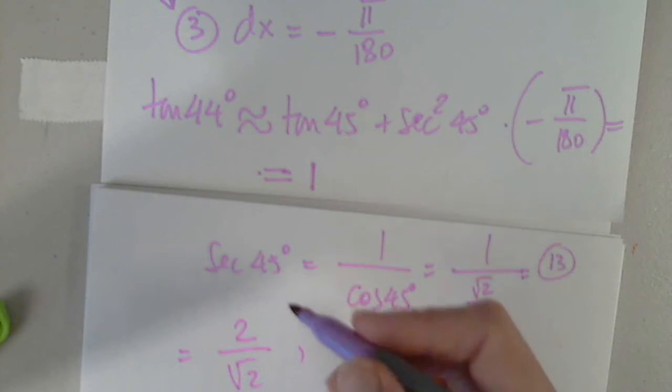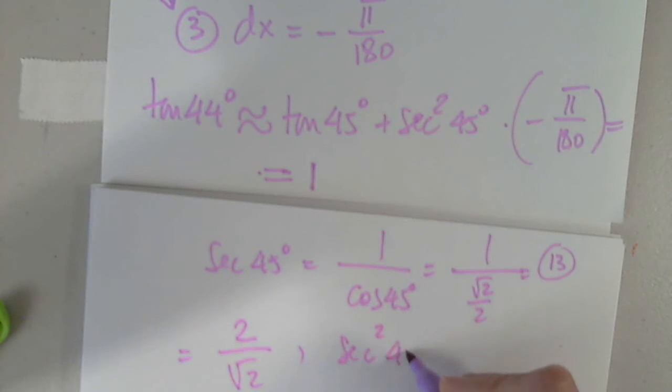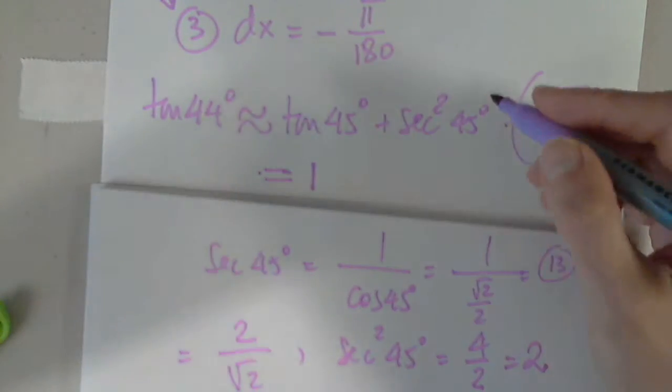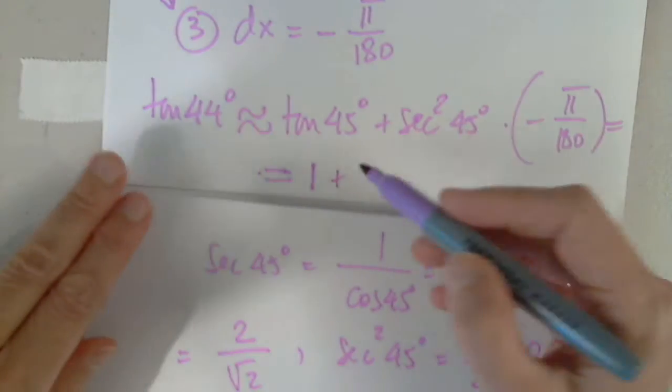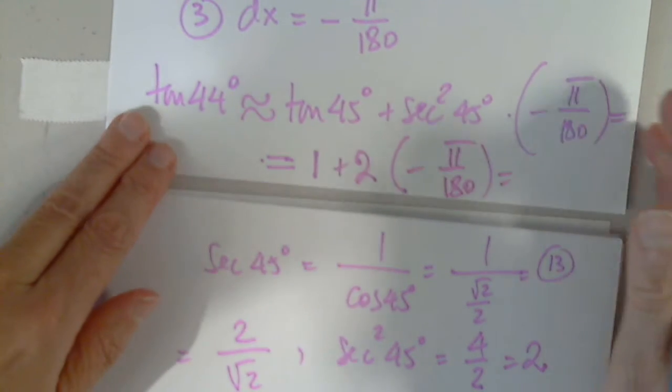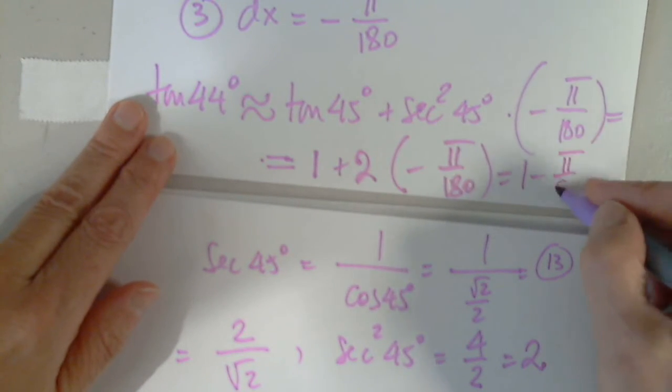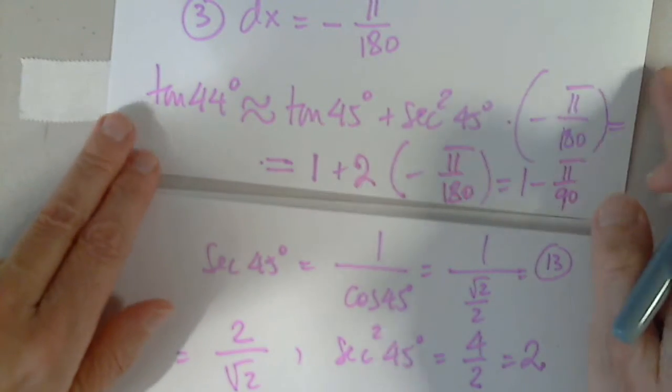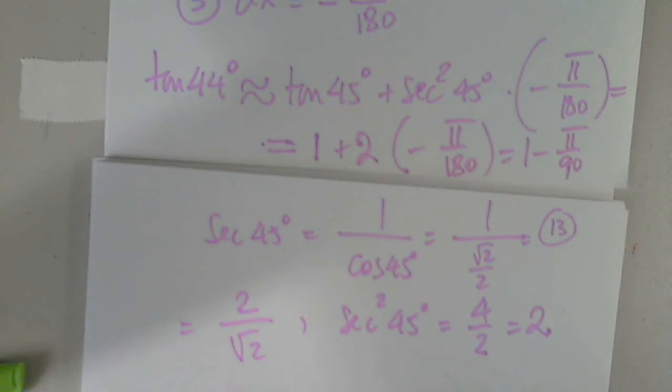But then I have to square this, because I'm interested in secant squared 45 degrees, which will be 4 over 2, which is 2. So then plus 2 times negative pi over 180. So this is basically 1 minus pi over 90. I simplify 2 with 180. So I claim that tangent 44 degrees is approximately 1 minus pi over 90.